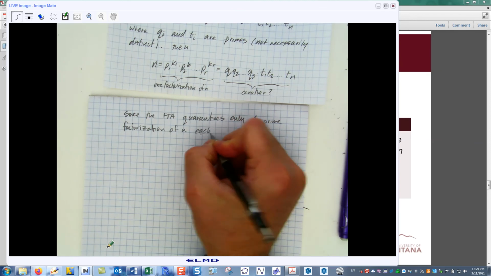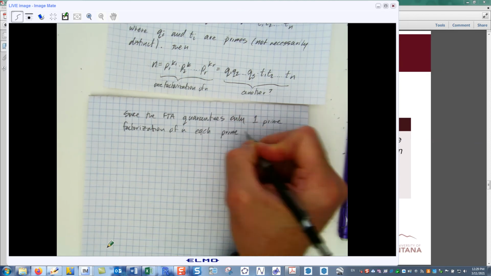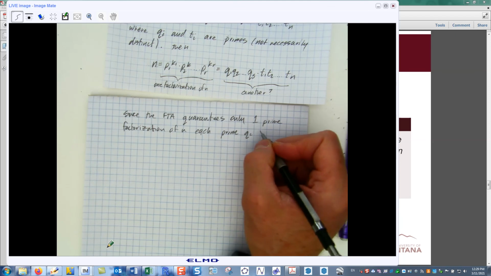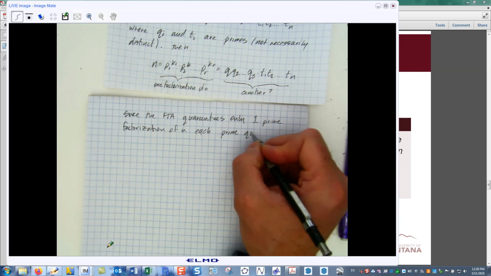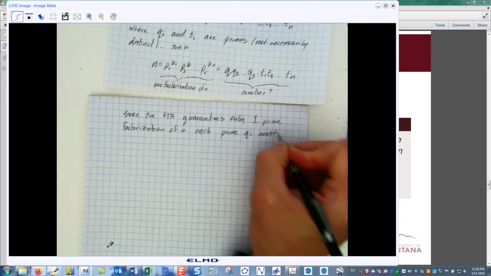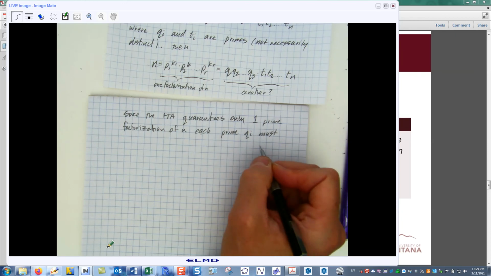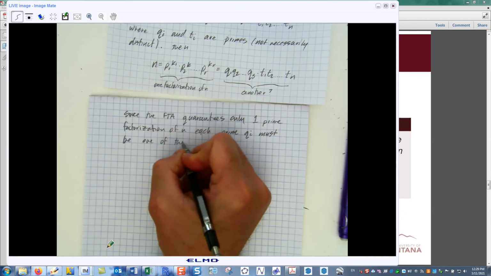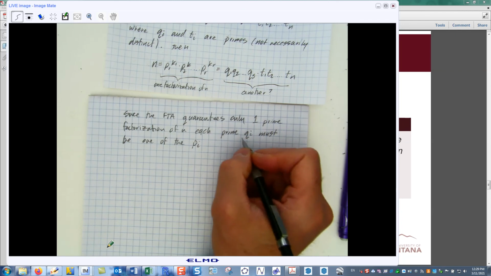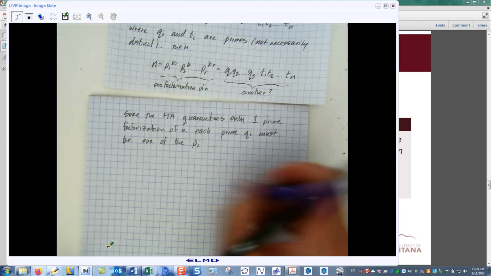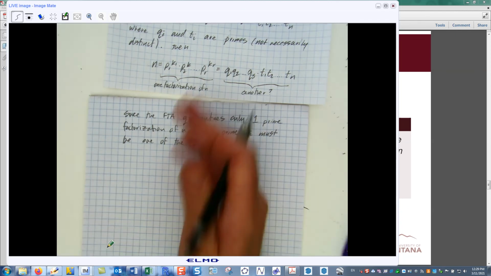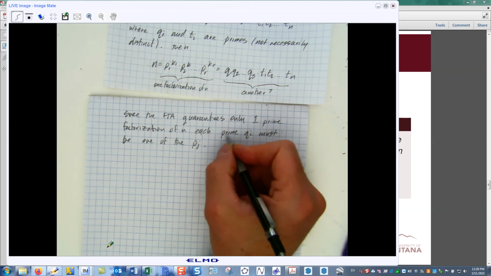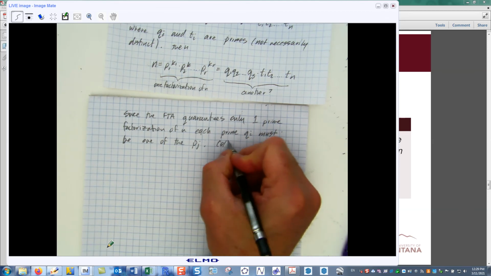each prime, q sub i, let's call it, must be one of the p sub i's. And maybe we call them p sub j since we don't want the same index. So let's collect those.